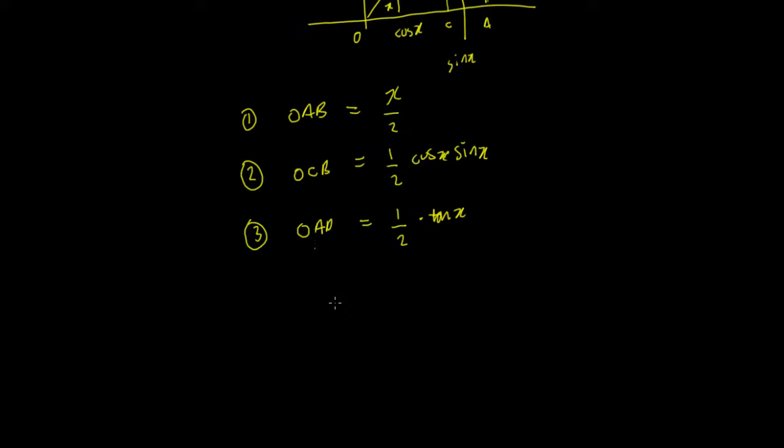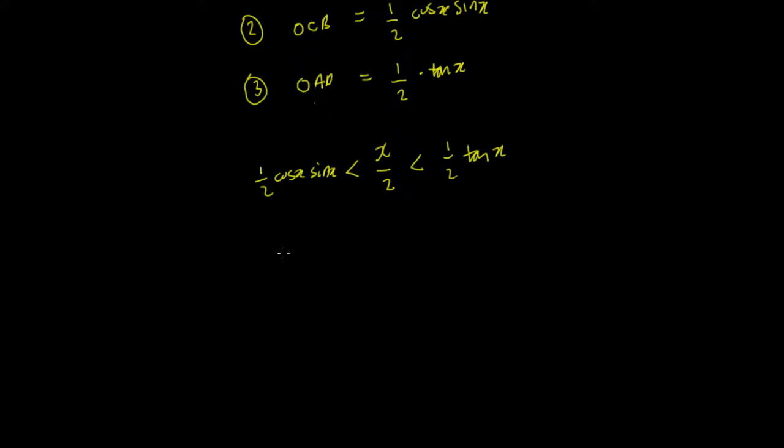Now again, we've said that x upon 2 is going to be greater than our half cos x sin x, and it's going to be less than our half tan x. So now we can get rid of the factors of 2, so we have x is greater than cos x sin x, and it's less than tan x.